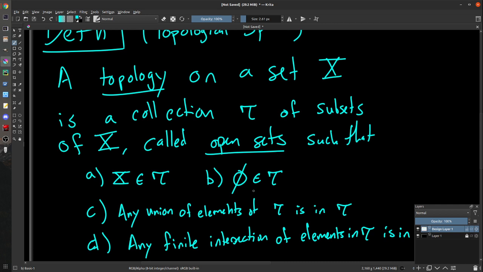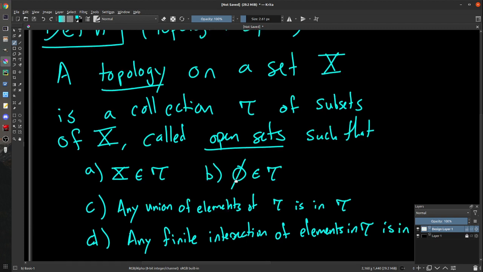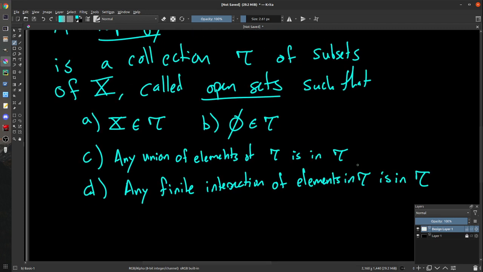This collection of subsets has to contain the whole space and the empty set. So it's got to have everything and nothing. And anytime you start putting stuff together that's in there, then you get another thing that's in there. And anytime you start intersecting things that are in there, at least finitely many of them, you stay in there. So it's closed under finite intersections and arbitrary unions. That's how people like to say this.